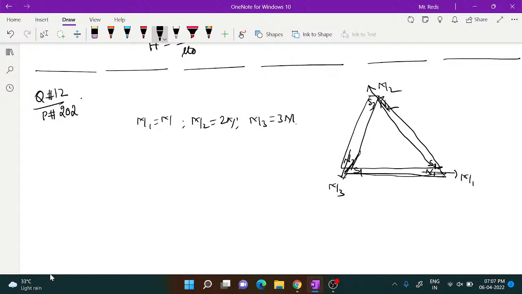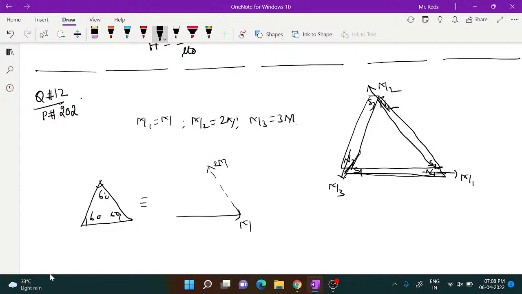This is an equilateral triangle, so you can say this is identical to three vectors acting in these directions, with angles of 60, 60, 60. This can be expressed as one vector m1, and another vector m2 of magnetic moment 2m.